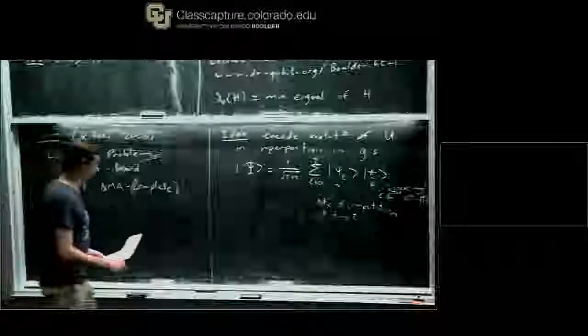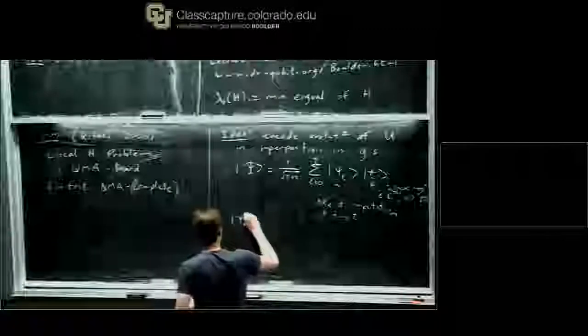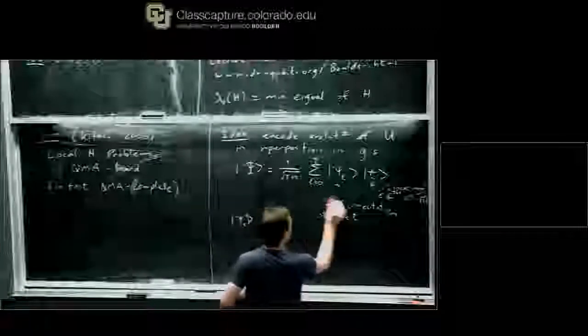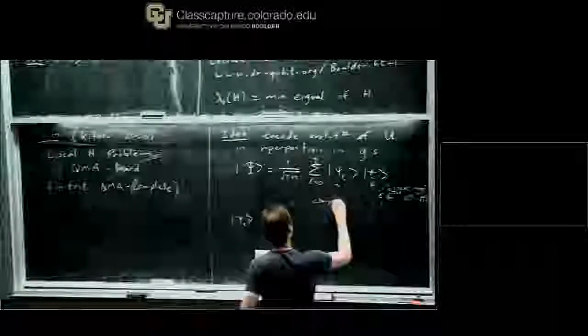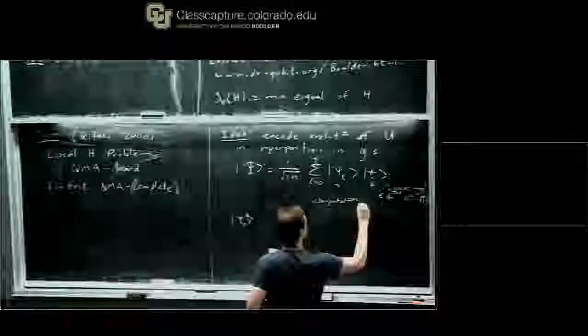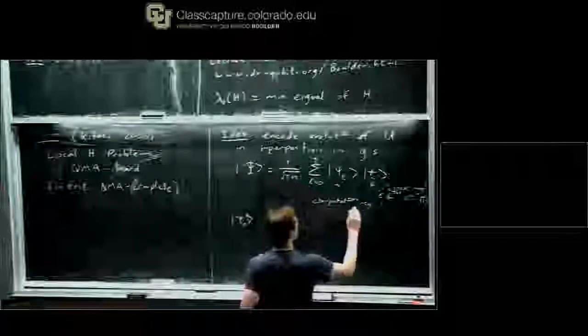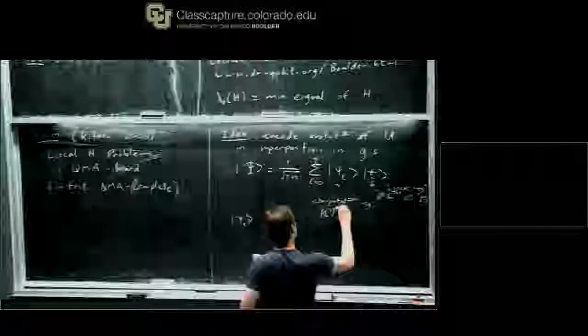Let me just write some of this out here. So this is the computational register, C2 tensor n. This is the qubits in my circuit.